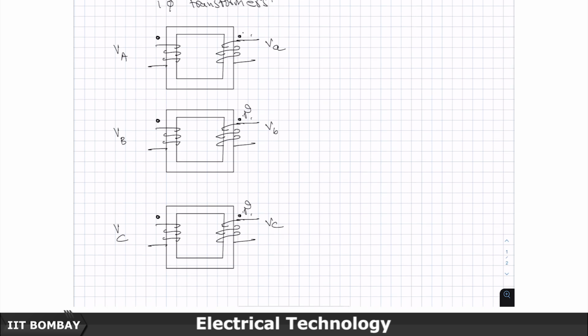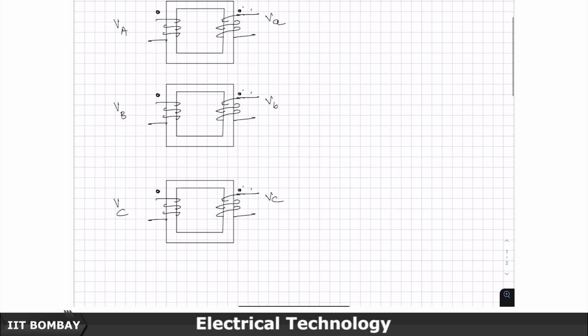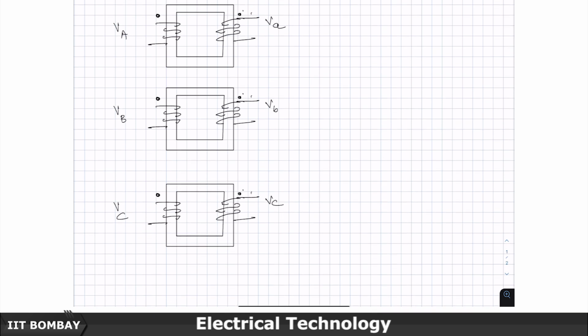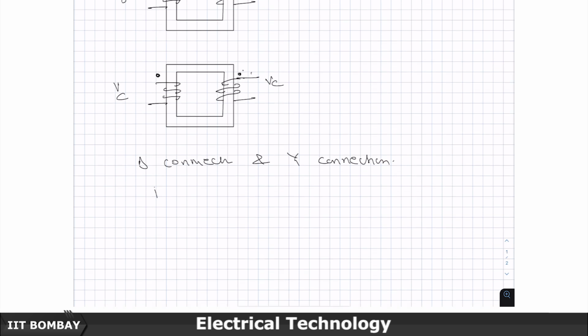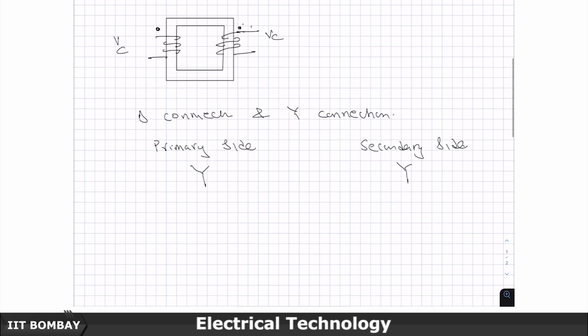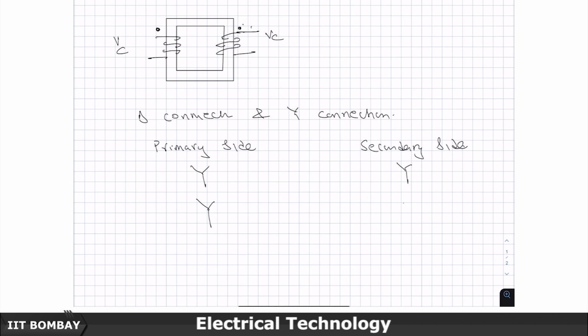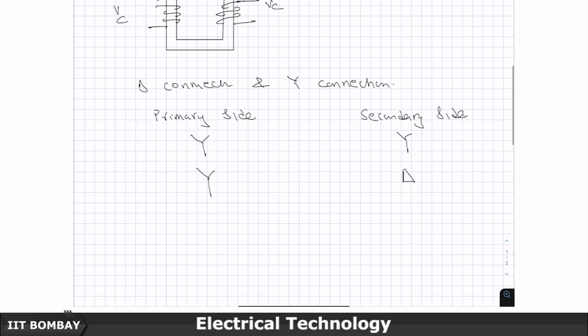Now, the question is that the three phase windings are again interconnected, right? You have studied the delta connection and the star connection. So, it is possible that the primary side and the secondary side, this is connected in a star configuration, this is connected in a star configuration, this is connected in a star configuration, this is connected in delta connection.